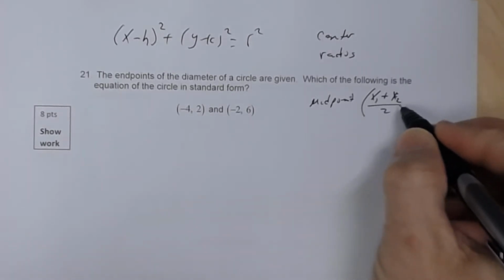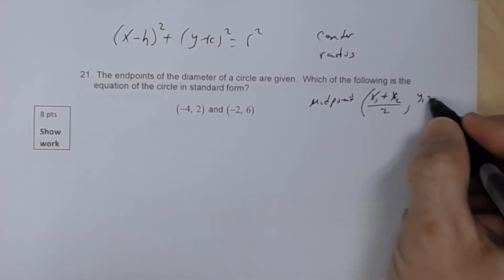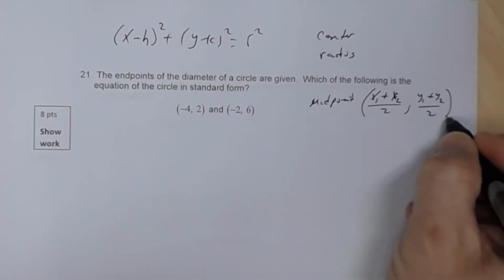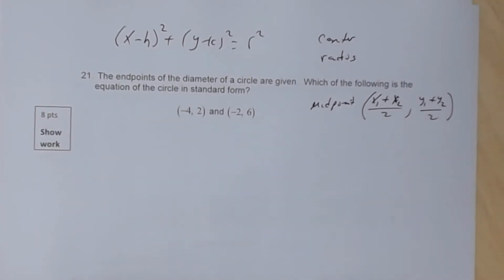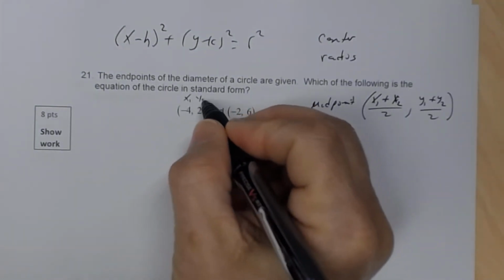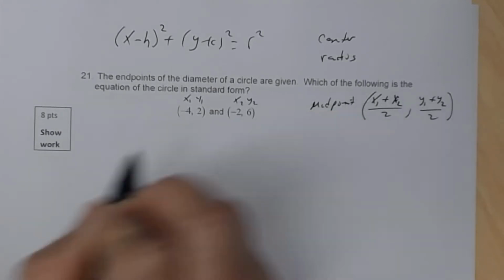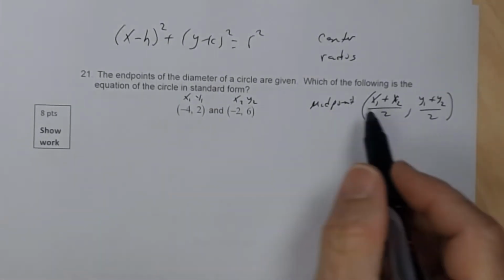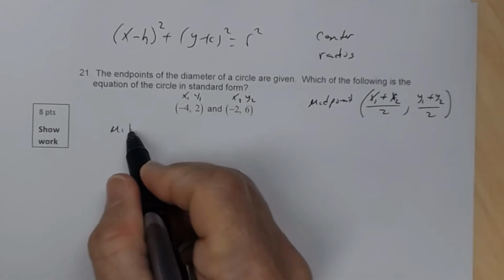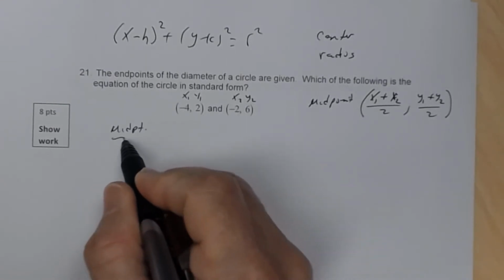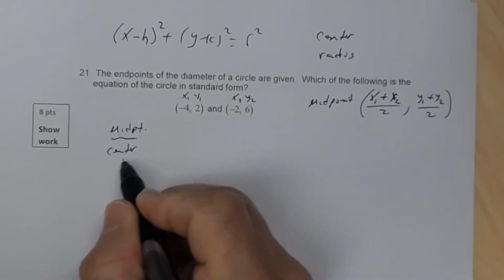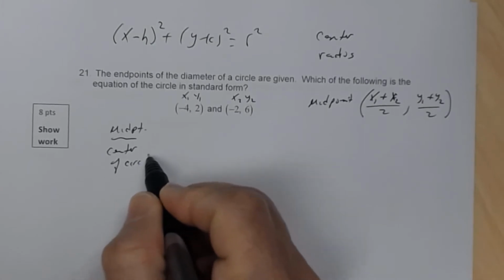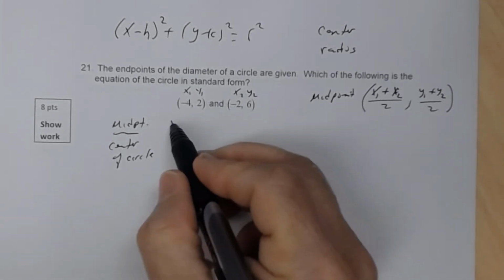So x1 plus x2 divided by 2, and then y1 plus y2 divided by 2. All right? So let's label this x1, y1, x2, y2. So I add my x's together. So remember, finding the midpoint, the midpoint will be the center of the circle.